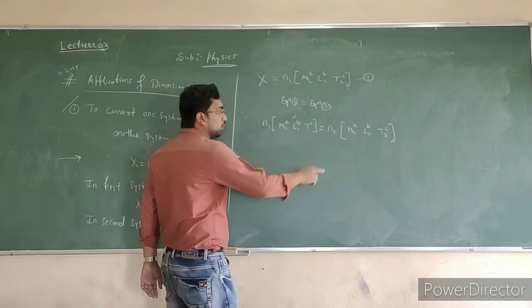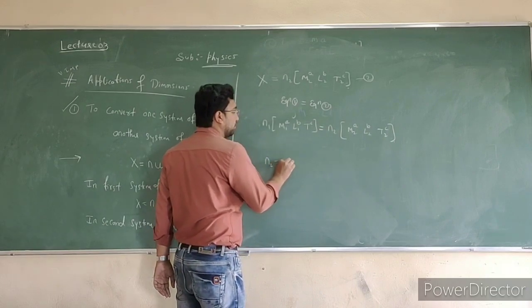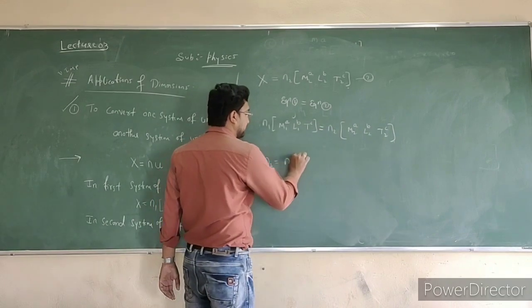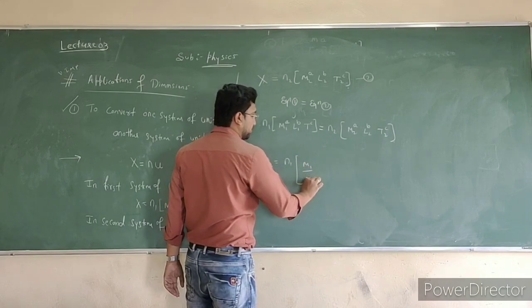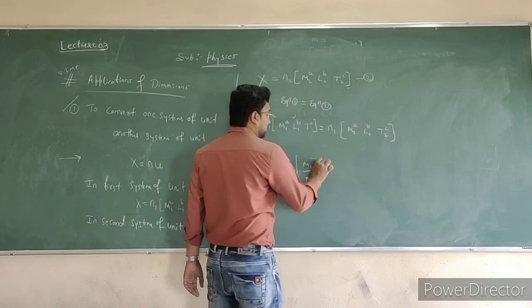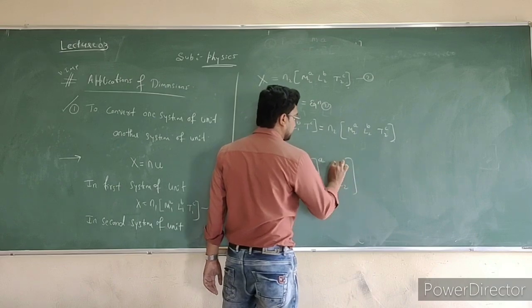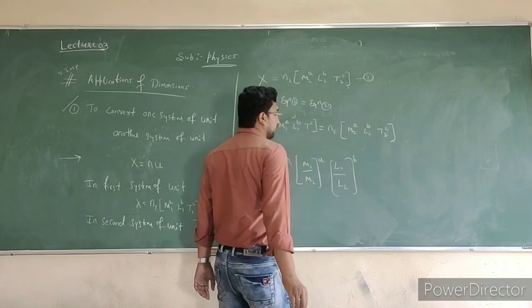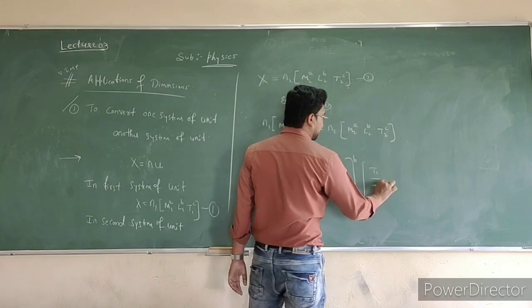So here we want to calculate what the n2 value is. So n2 is equal to n1 as it is, next m1 divided by m2 to the power a, l1 divided by l2 to the power b, next t1 by t2 to the power c.